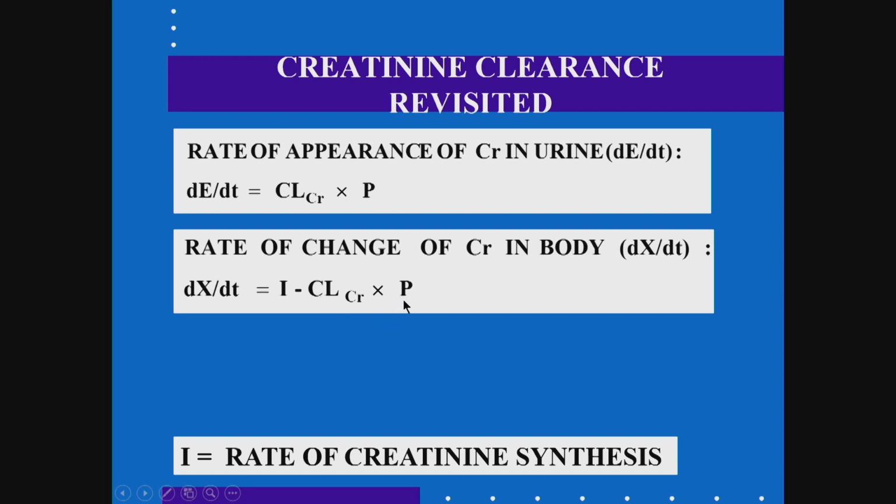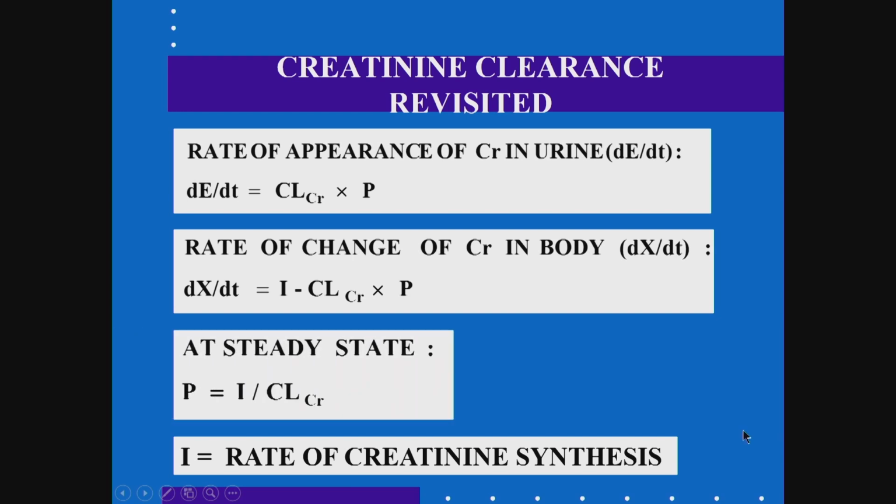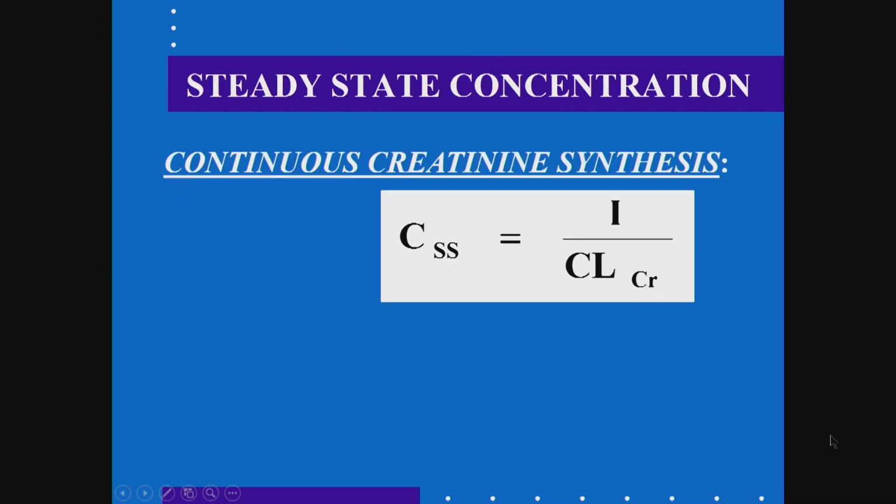This would be the creatinine excretion rate. At steady state, we can, of course, discard this term, dX over dt, such that the plasma concentration now is directly proportional to the rate of creatinine synthesis and inversely proportional to the rate of creatinine clearance.